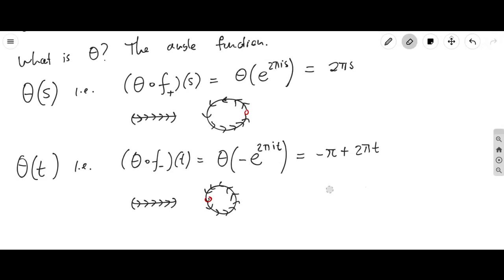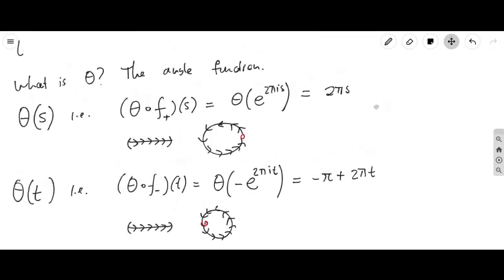If you set t equal to 0, you get negative pi. And if you set t equal to 1, you get negative pi plus 2 pi, you get pi. There is no ambiguity in how to define the angle here, because you've not made a full revolution around. So you do not have that abrupt jump that occurs.